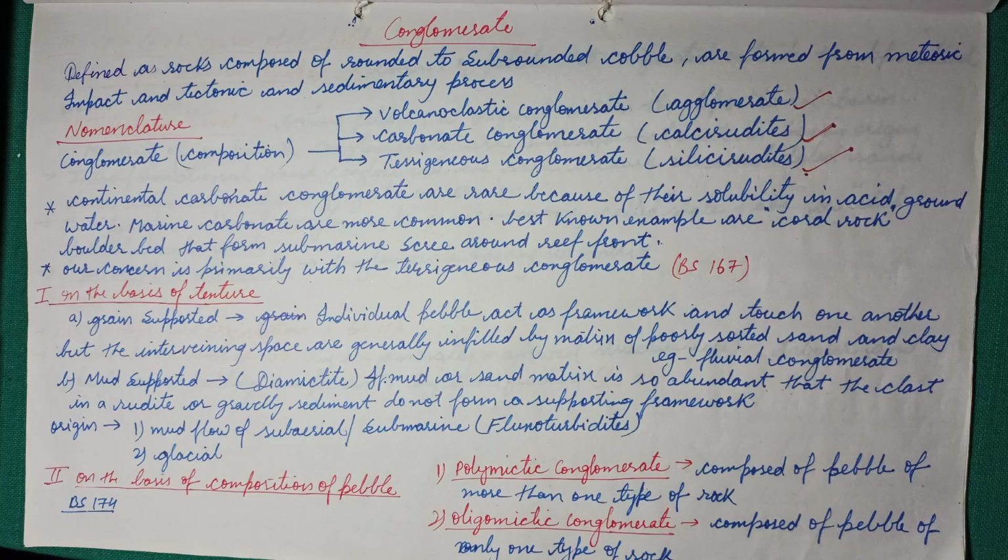So the best known example is our coral rock. The corals that we see are of calcium carbonate, and they have big sizes. So in future, or after tectonic subsidence or whatever tectonic process, they may form conglomerate. These conglomerates are of marine origin, not of continental origin. Border bed that forms submarine scree around the reef front. So this is the same.